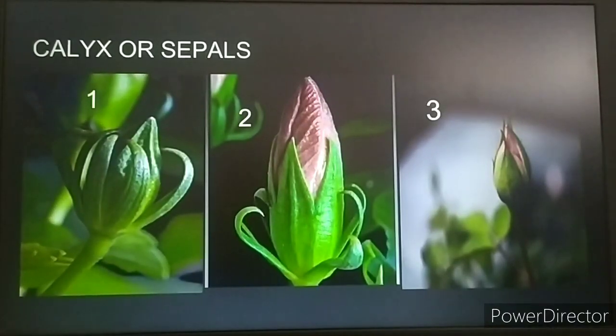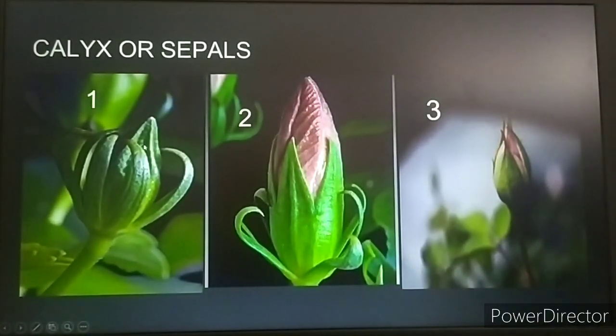And the very important function of this calyx is to protect and enclose the inner whorls of the flower. As you can see here, this colored part of the flower was in the first figure not visible.